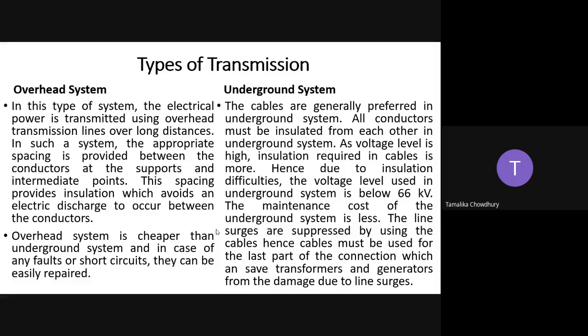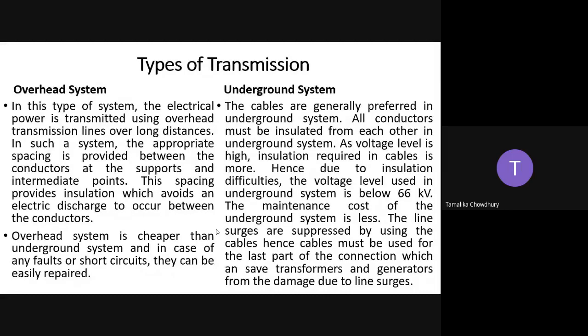All conductors must be insulated from each other. As the voltage level is high, the insulation required in the cable is more. Hence, due to the insulation difficulties, the voltage level used in the underground system is below 66 kV, not a very high voltage. 66 kV is okay, a moderately high voltage.